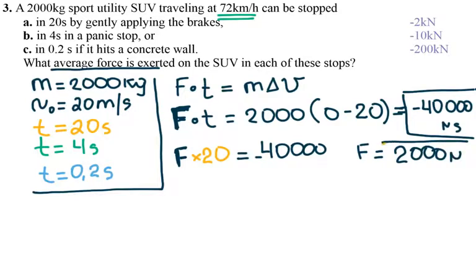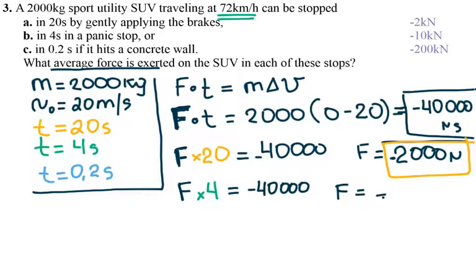It's a stopping force, so it is negative, right? So now if I choose a different time, 4 seconds, and your impulse is still negative 40,000, then the force in this case is equal to negative 10,000 newtons.